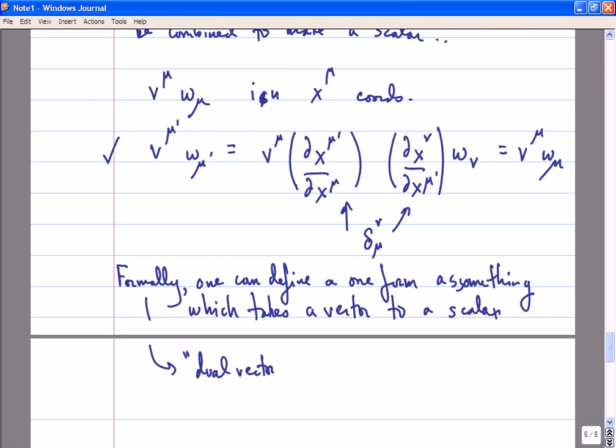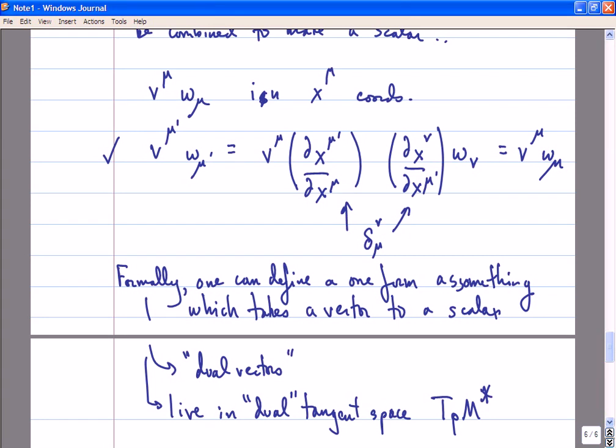And just as vectors live in a tangent space, one-forms live in what is referred to as the dual tangent space, which is referred to sometimes as T_pM star, where the star reminds us that we're using the word dual here. Now, all this business about duals and dual tangent spaces is not going to be particularly relevant or important for what we're going to do in this class, but it is language you might run into at some point.